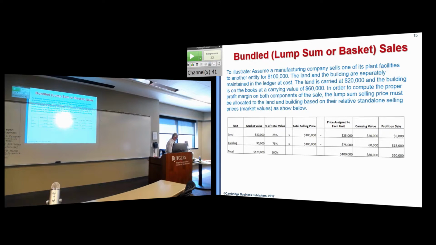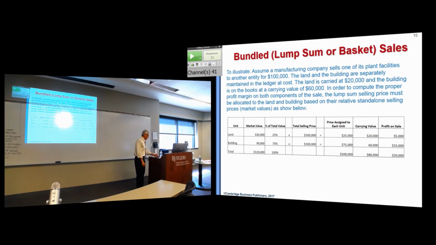So what I would ask you to do is determine the allocation of that selling price to each component, and then make the journal entry.